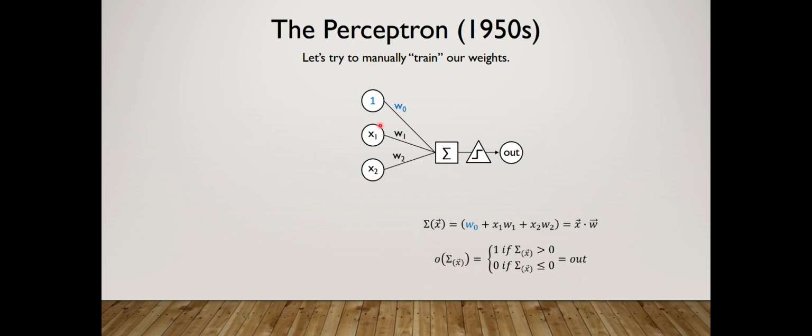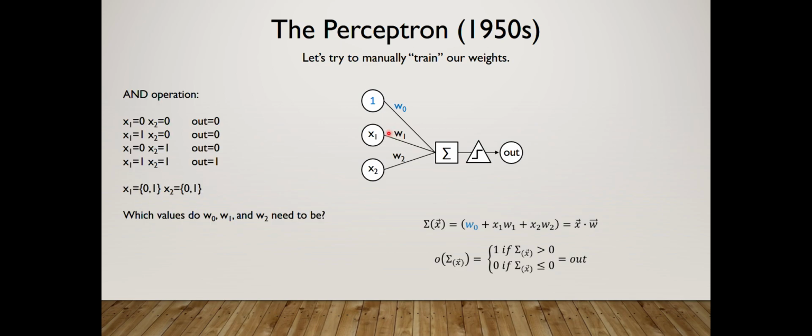And the problem we want to solve now is the AND operation. And it goes as follows. The inputs to our network can only ever be 0 or 1. So basically we only have 4 possible input vectors: (0, 0), (1, 0), (0, 1), and (1, 1).